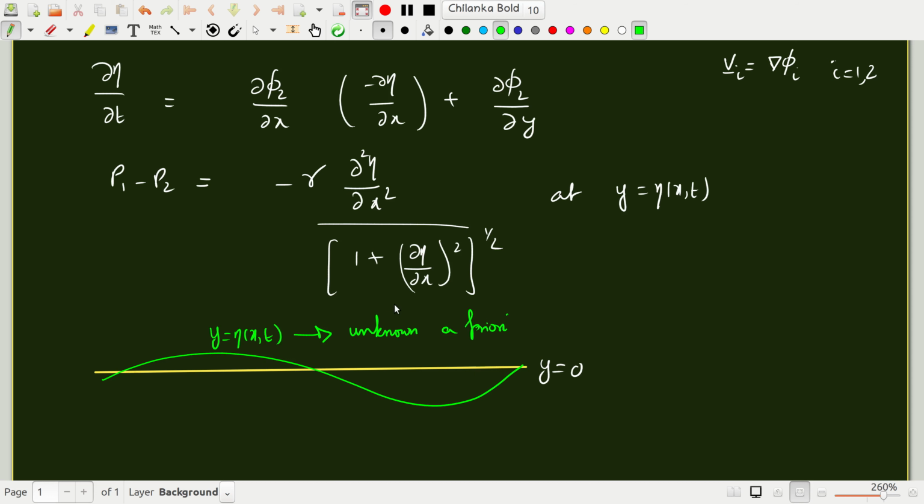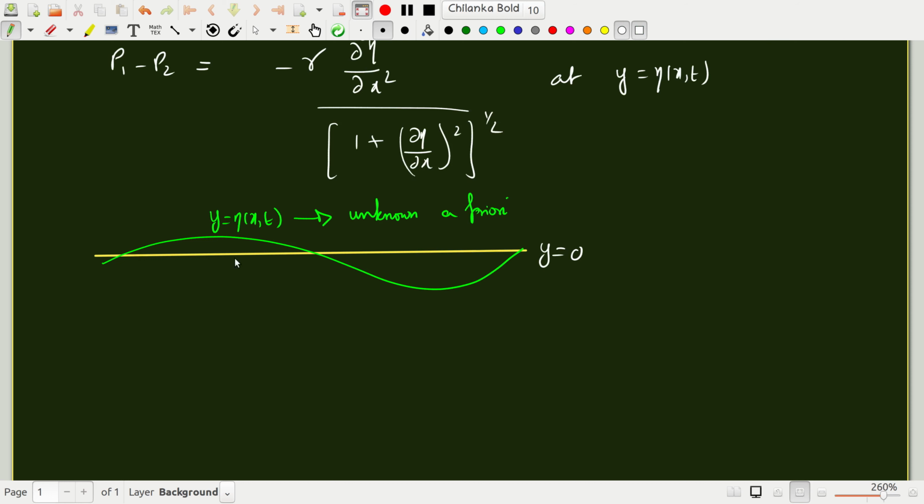So in order to apply boundary conditions, we do what is called a linearization using Taylor expansion about y equal to 0.